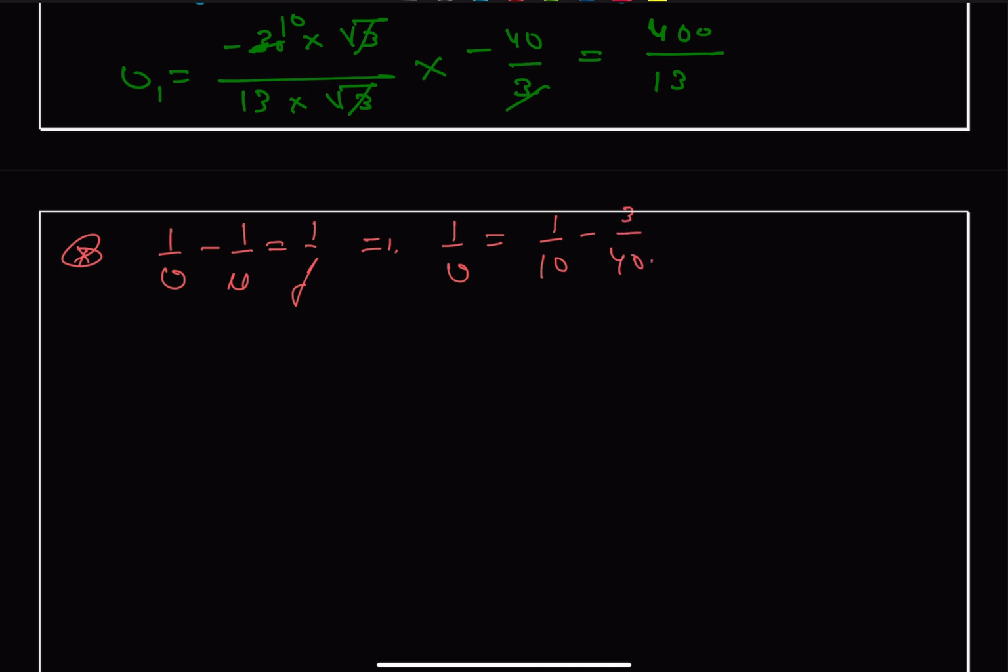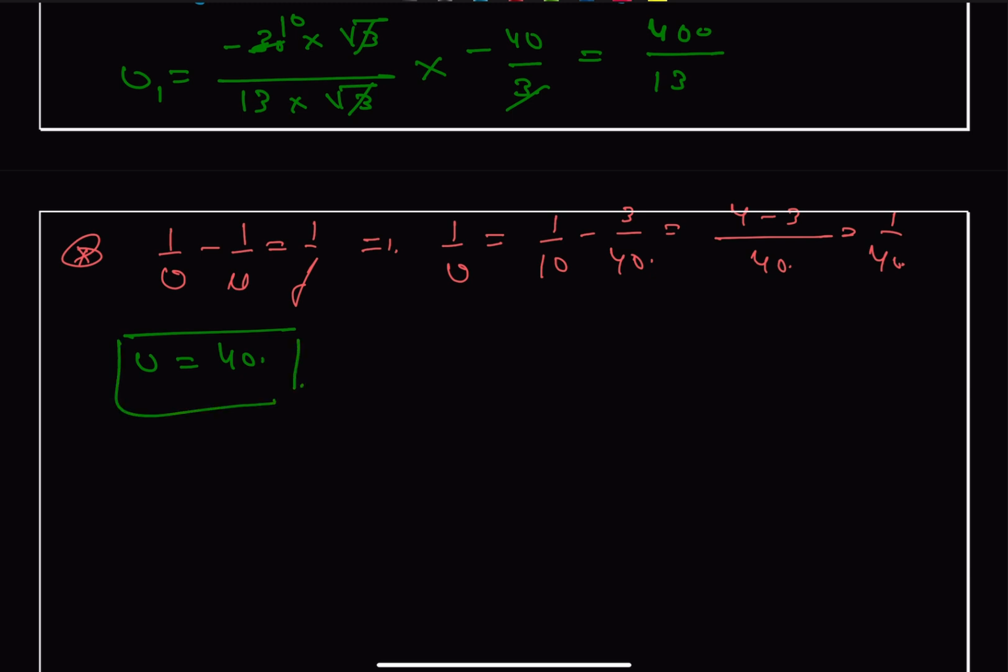Okay, and this will be coming LCM as our 40, so this will be our 10, this is 4 minus 3, this comes as 1 upon 40. Therefore we can say that our V will be equal to 40.